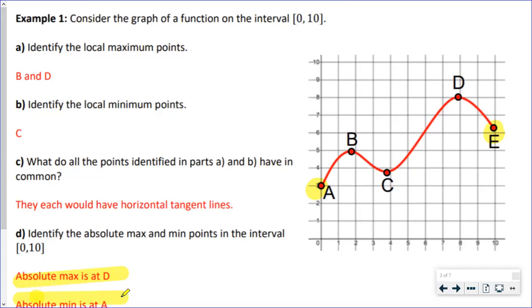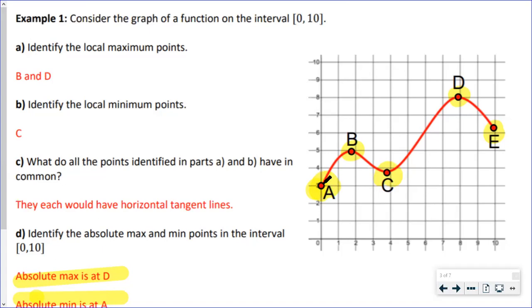But when we talk about local maximum points, B and D would qualify. Even though D is the absolute maximum, it still falls under the category of local maximum. B and D would be local maximum points, whereas C would be a local minimum point and A being an absolute minimum point.